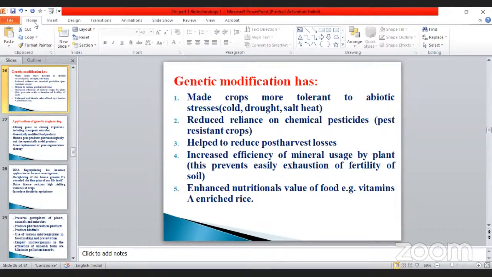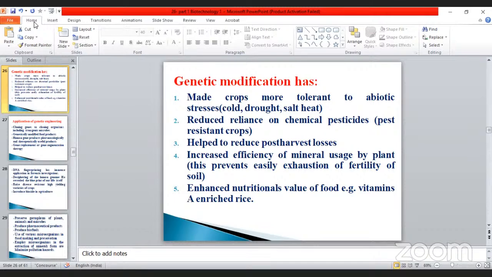Third one is helping to reduce post-harvest losses. Previously, we were not able to harvest on time. Suppose you want to cultivate pulses or cereals.